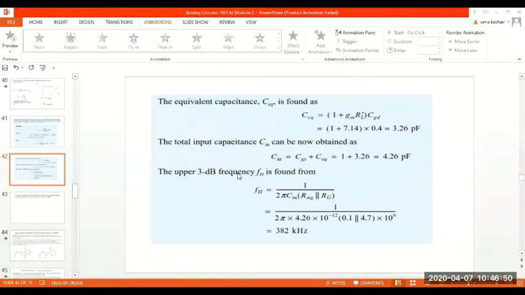So the upper 3 dB frequency FH is given as 1 by 2 pi Cin into RSig parallel with RG. We had derived this. What is this? RSig dash we call it. So RSig was 100K in parallel with 4.7 mega, which will be a value close to 100K. So you will get the upper cutoff frequency as 382 kilohertz.